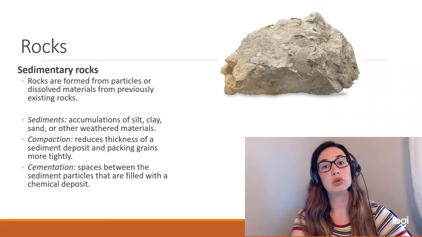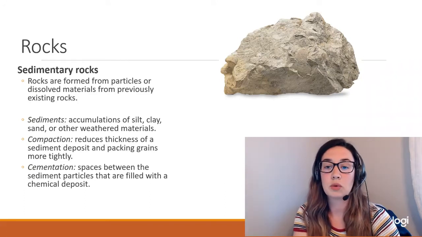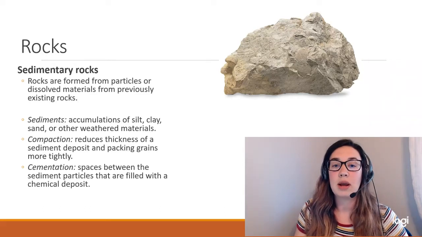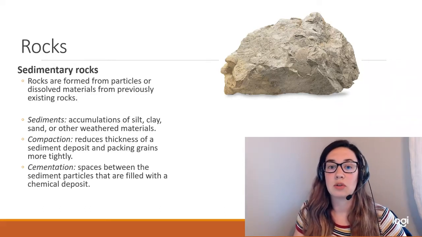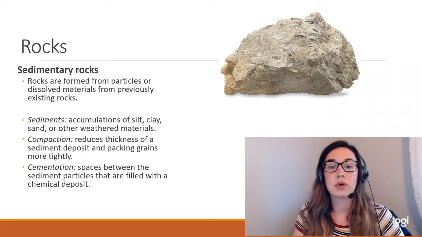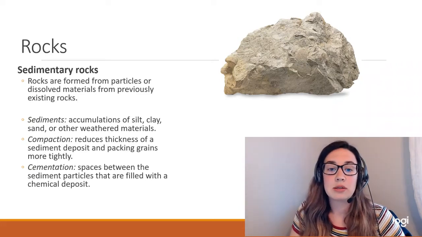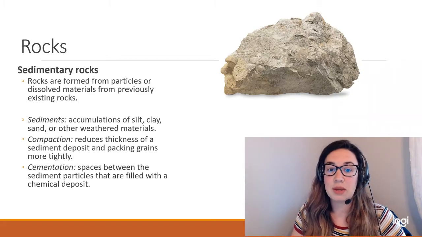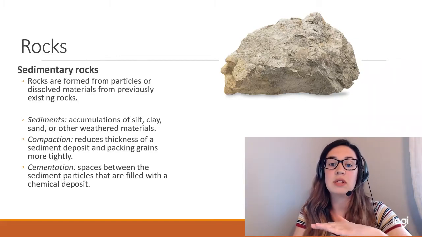And this happens through 2 different avenues. When you have these sediments, the 2 processes you might see are compaction or cementation. When you see compaction, this is basically the reducing of a thickness.